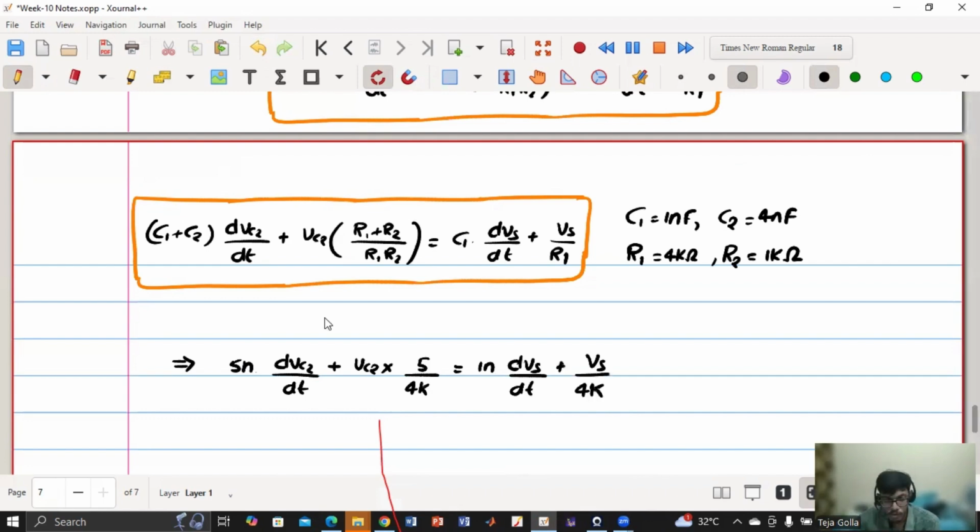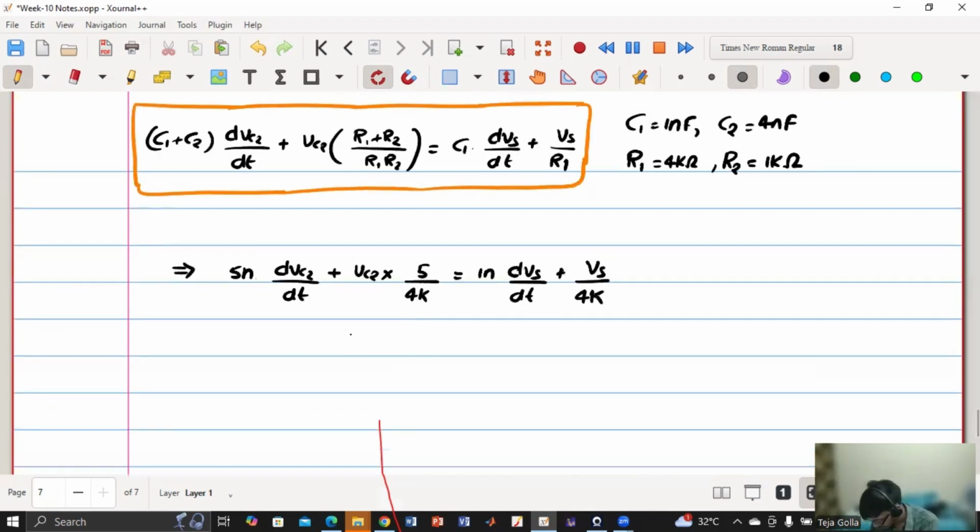Let us multiply by 4K on both the sides, and if you simplify, you will get 20 micro into dVc2 by dt plus 5 Vc2 equals 4 micro into dVs by dt plus Vs. Agree?